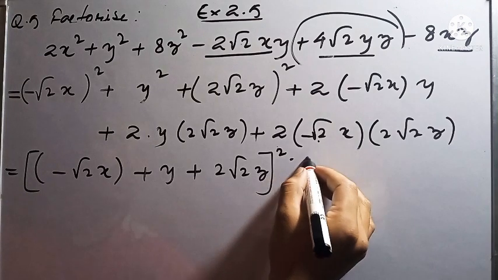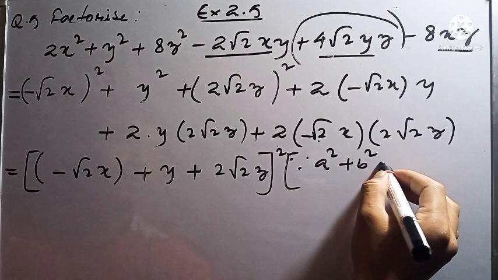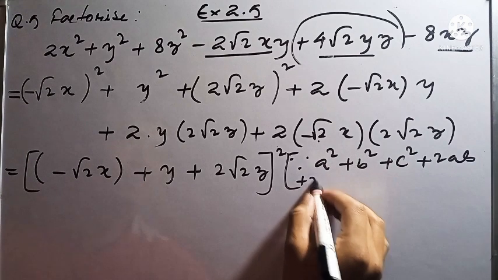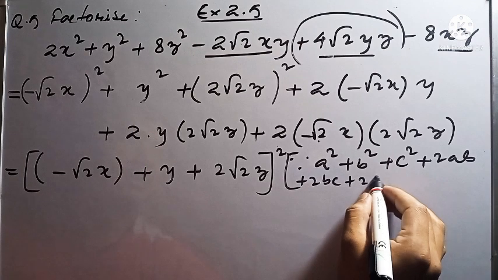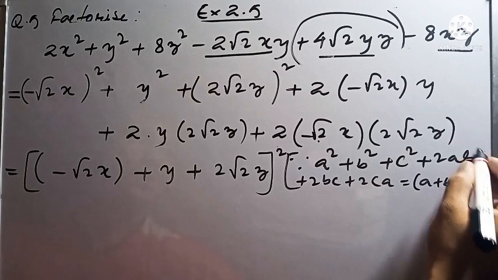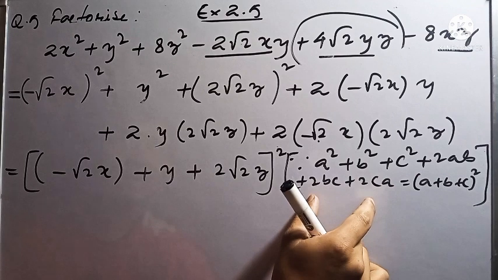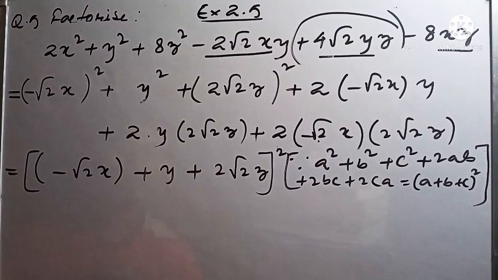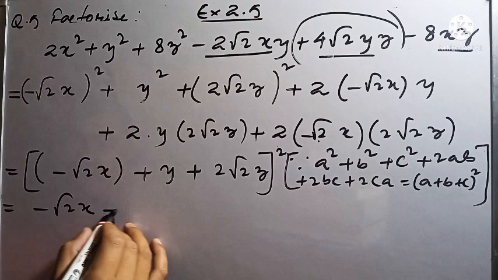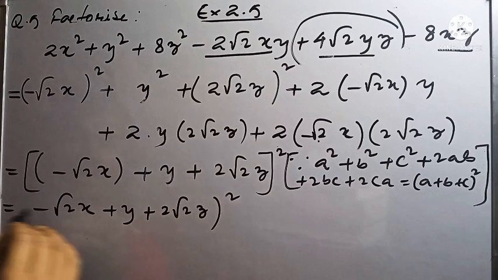And let me write the formula here. Since a square plus b square plus c square plus twice ab plus twice bc plus twice ca equal to what? A plus b plus c whole square. So this is the formula that we have. This formula should be written beside this third step. Okay, now let's see. Minus root over 2 x plus y plus 2 root over 2 z whole square.